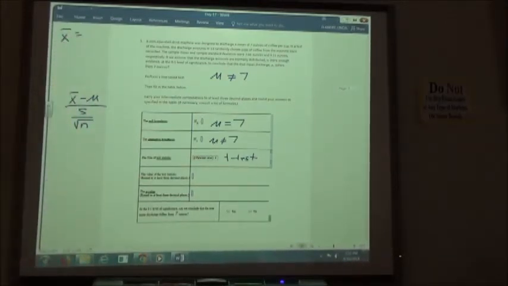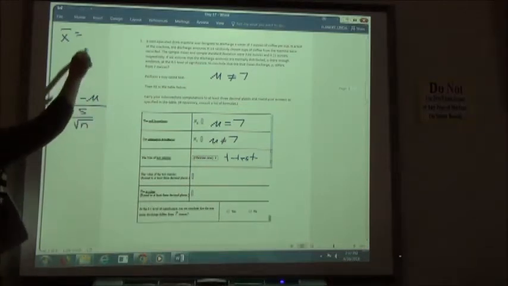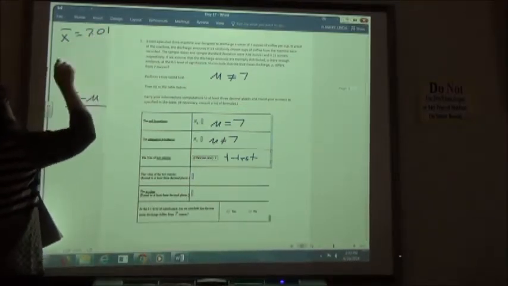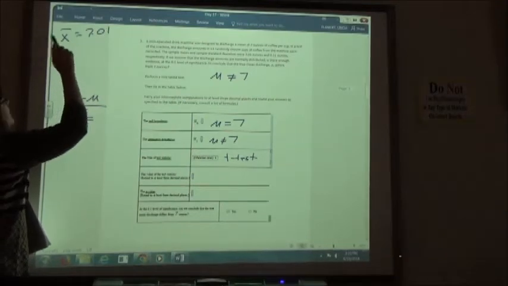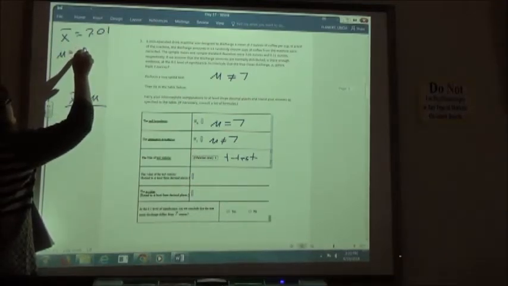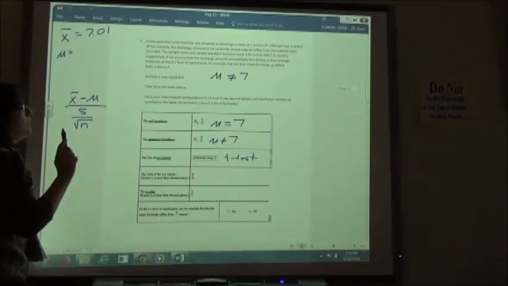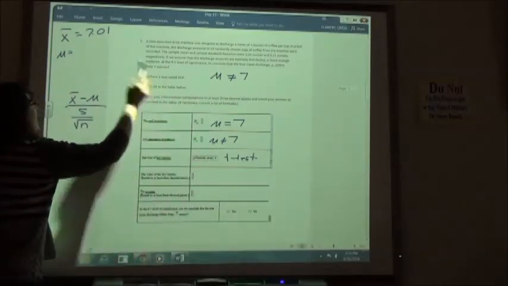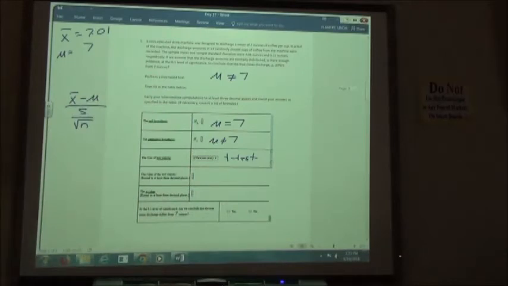So the sample mean was 7.01. The mean we're comparing it to is 7.